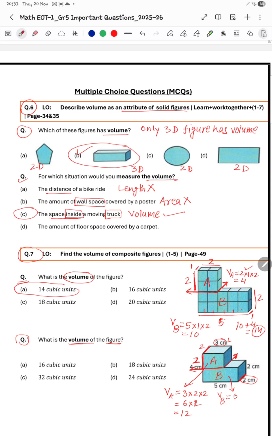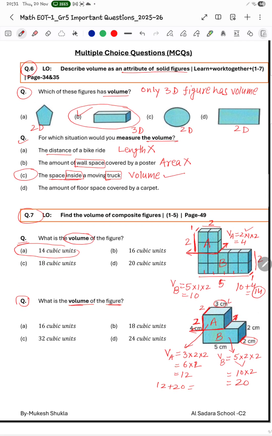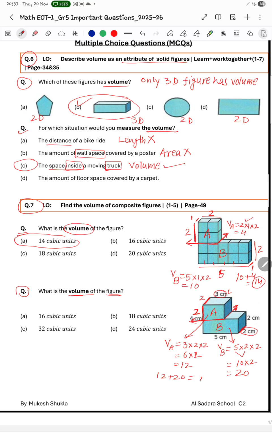Like this, I will find the volume of block B. Same, 5 times 2 times 2. So which will give you 10 times 2, yani 20. So the total volume will be 12 plus 20 equal 32.